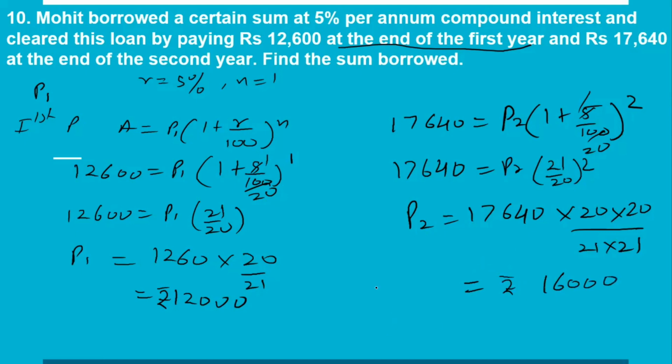So the total sum borrowed is equal to 12,000 plus 16,000, which we get as rupees 28,000. Got it? Understood all of you?